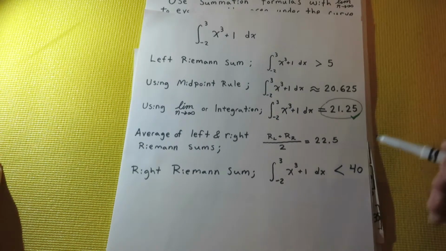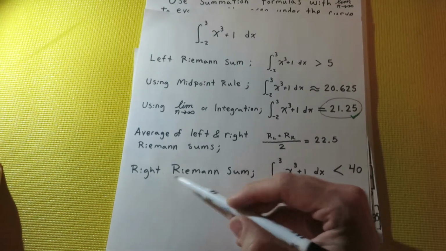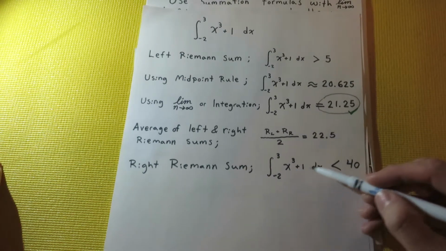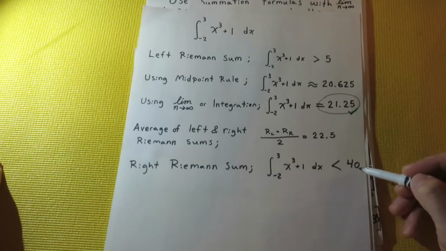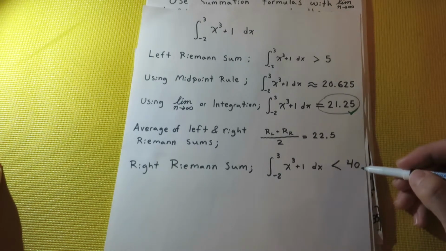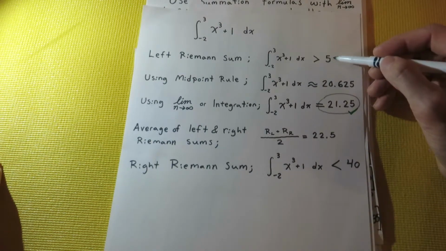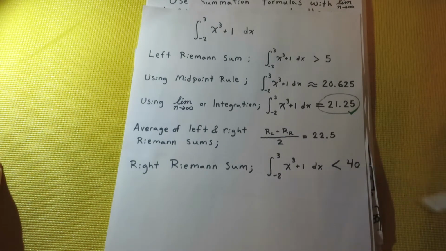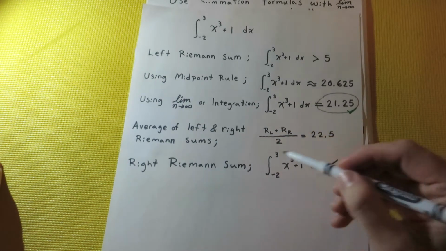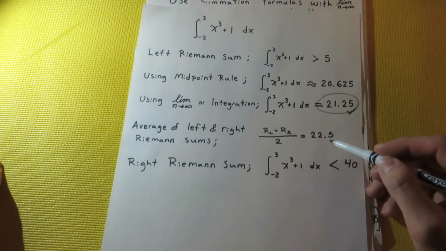We also, this is a little bit out of order here, but we did right Riemann sum, and we showed that the integral must be less than 40. So then we had a lower bound and an upper bound. We knew that the value of the integral would be greater than 5 but less than 40. Now, if you just took the average of your left and right Riemann sums, that would give you 22.5, which is somewhere in the middle.